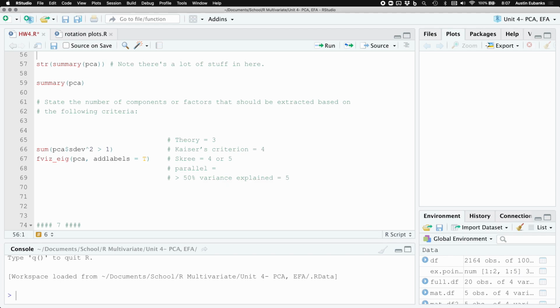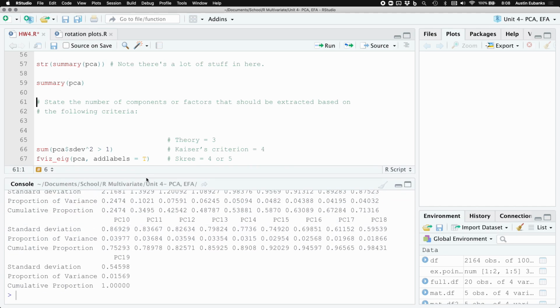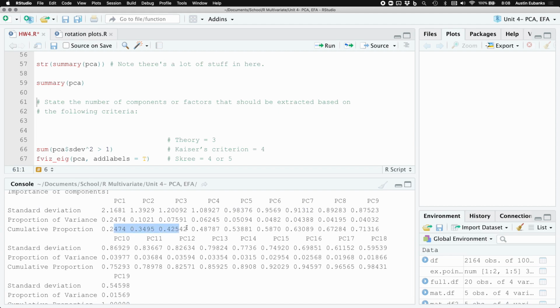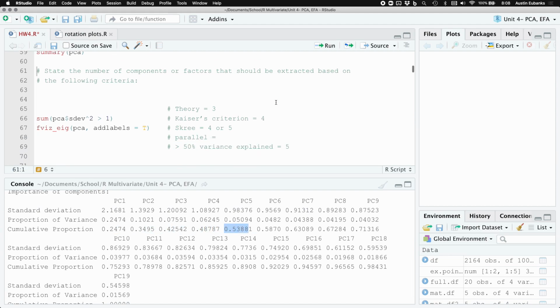Kaiser's criterion, looking at those eigenvalues greater than 1, gives us 4. Looking at our scree plot, you could make arguments for 4 or 5. Looking at the variance explained, where we can look at the cumulative variance explained, we see that after 5 components is where we have over 50% of that variance explained.